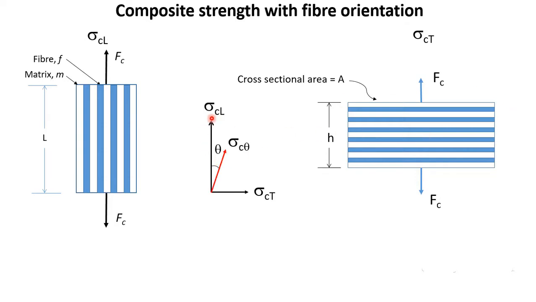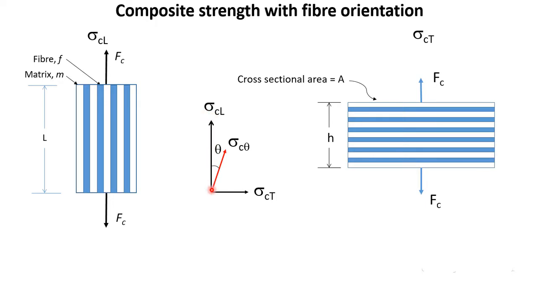If this is the strength of the composite in longitudinal direction, then we have this direction, and 90 degrees to that will be the strength in the transverse direction, for example. Then for any angle theta, if we want to know the strength of the composite in this direction, and this direction is making an angle of theta with the length direction, this is the longitudinal direction or length direction.